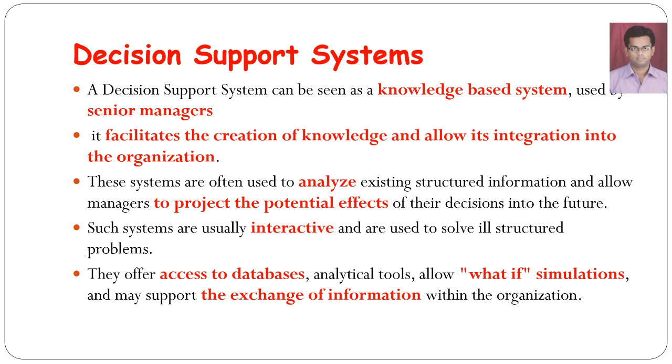So decision support systems are significant and have to be dealt with properly while we are discussing that transaction processing systems are followed by MIS, and MIS are again giving foundational support to the decision support systems.